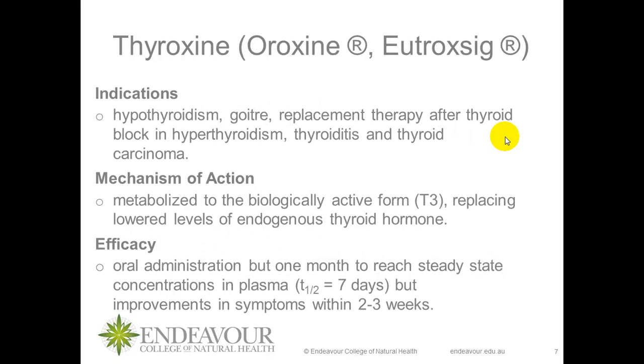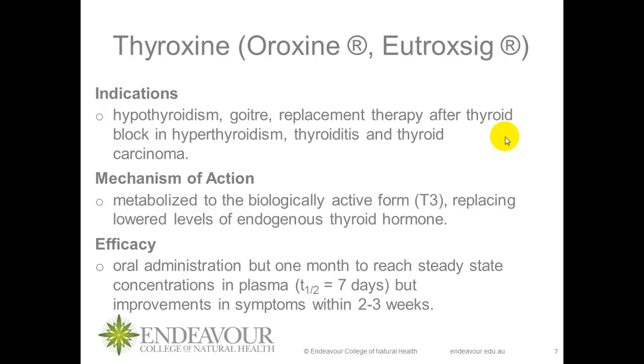Thyroxine, also sold under the brand name Eutroxig, is available for hormone replacement therapy for life in cases of hypothyroidism, for replacement after thyroid block if a person is hyperthyroid. So we'll look at this thyroid block treatment shortly. If the person has a thyroiditis, we suggested it might be infectious or Hashimoto's thyroiditis.